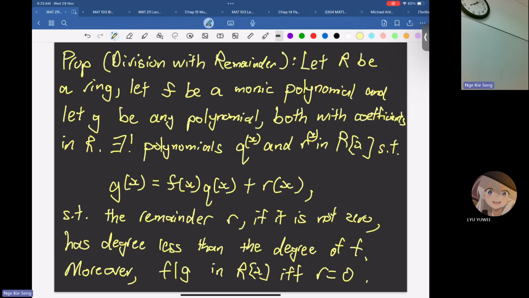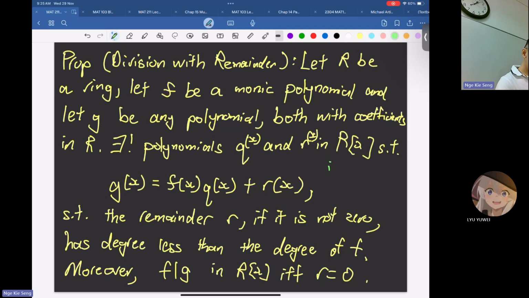So why is it monic here? Because you need to know that our ring might not have multiplicative inverses. If it is not monic, then this will not always hold true. Let me give you an example.